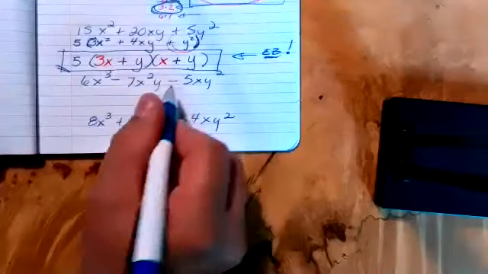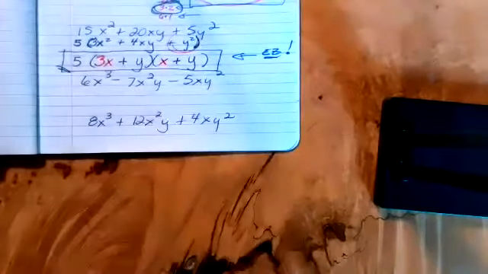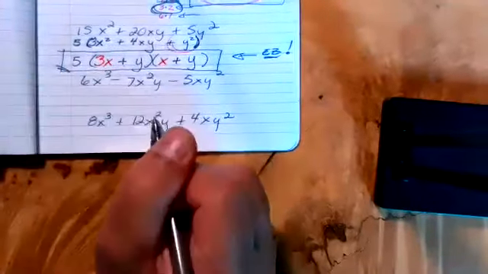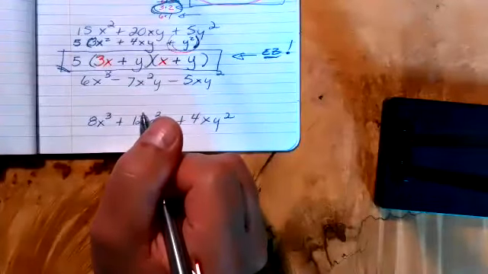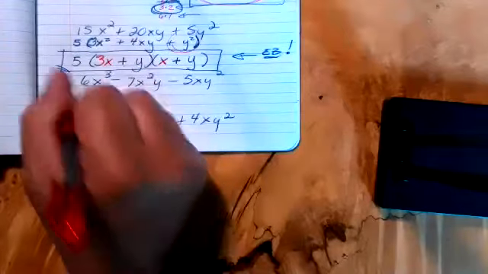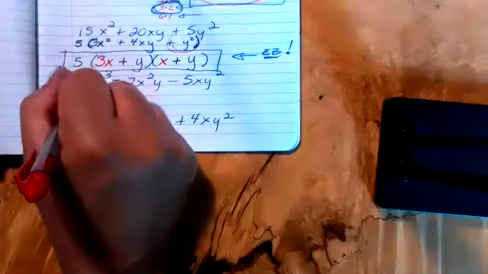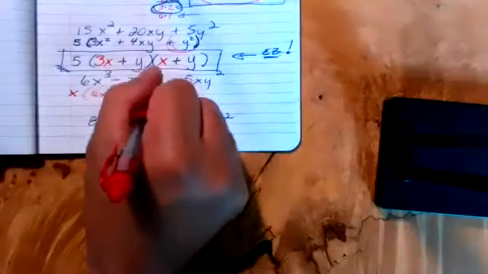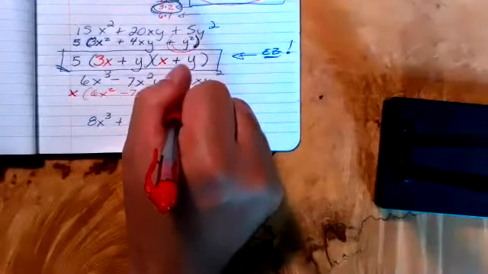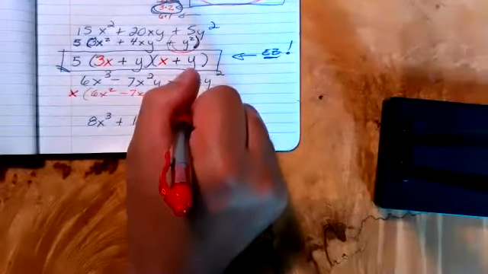In this case, it looks like there's a GCF again. Looks like there's an x. So I'm going to have 6x squared minus 7xy minus 5y.